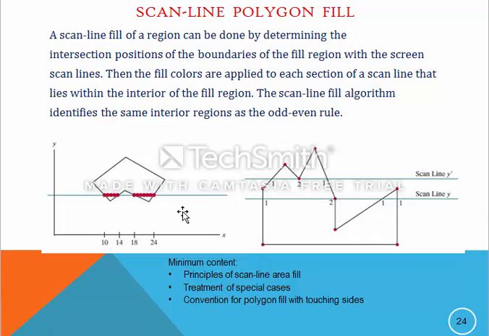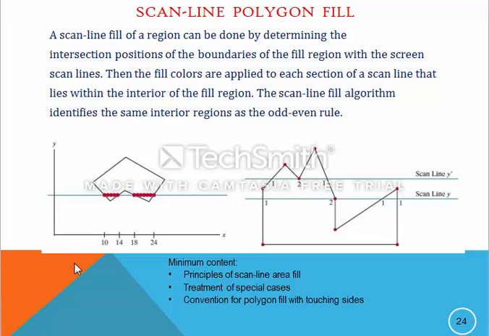This figure illustrates the basic scanline procedure for a solid color fill of a polygon. For each scanline that crosses the polygon, the edge intersections are sorted from left to right, and then pixel positions between each intersection pair are set to the specified fill color.